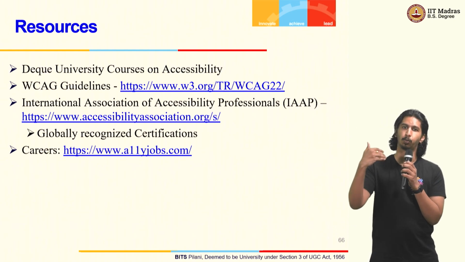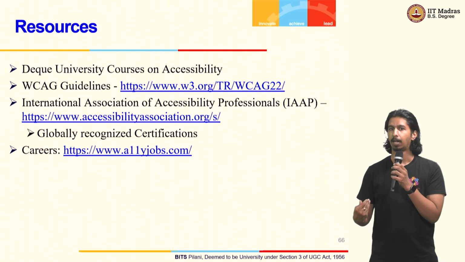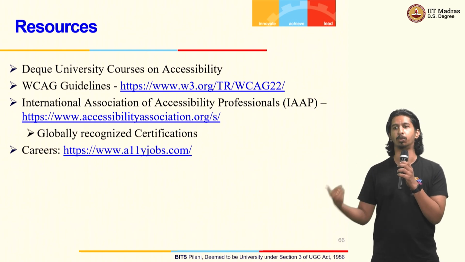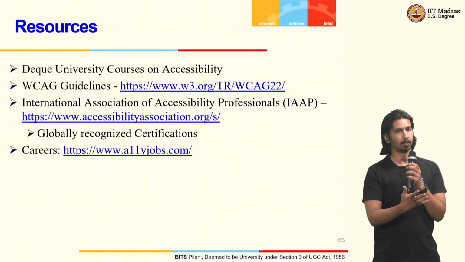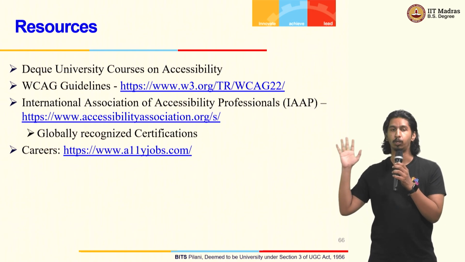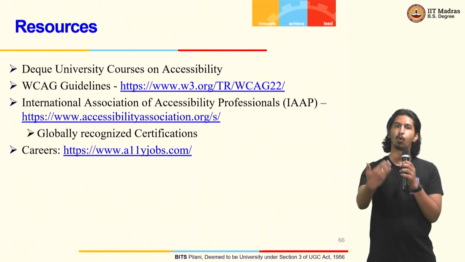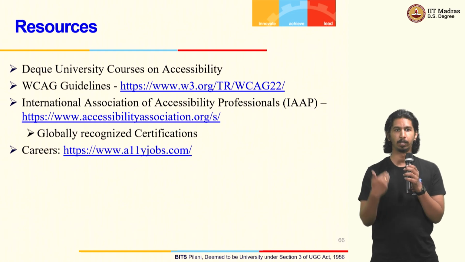Let's make actual users test our product and let them certify if they are able to use this or not. That is the direction it is going to. But this is a good start. We have to follow the WCAG guidelines, and then over and above, you can use actual users to test your product.